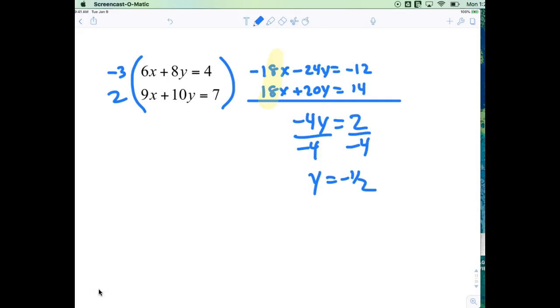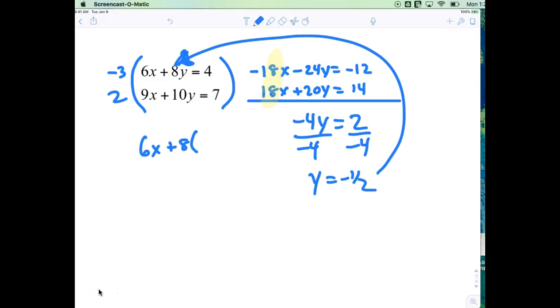So far, so good? Now, I plug -1/2 in for y. So 6x plus 8 times -1/2 equals 4. 6x minus 4 equals 4. Right? See everybody else? Come on now.